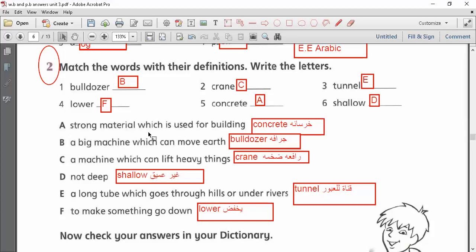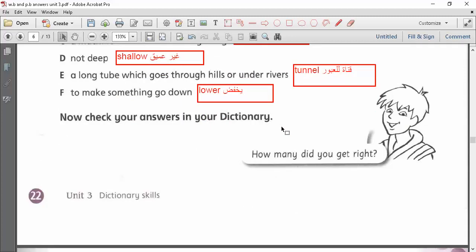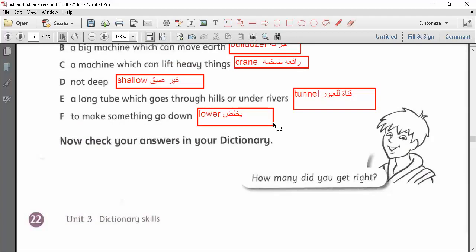Strong material which is used for building is concrete. A big machine which can move earth is a bulldozer. A machine which can lift heavy things is a crane. Not deep is shallow. A long tube which goes through hills and under rivers is a tunnel. To make something go down is lower.